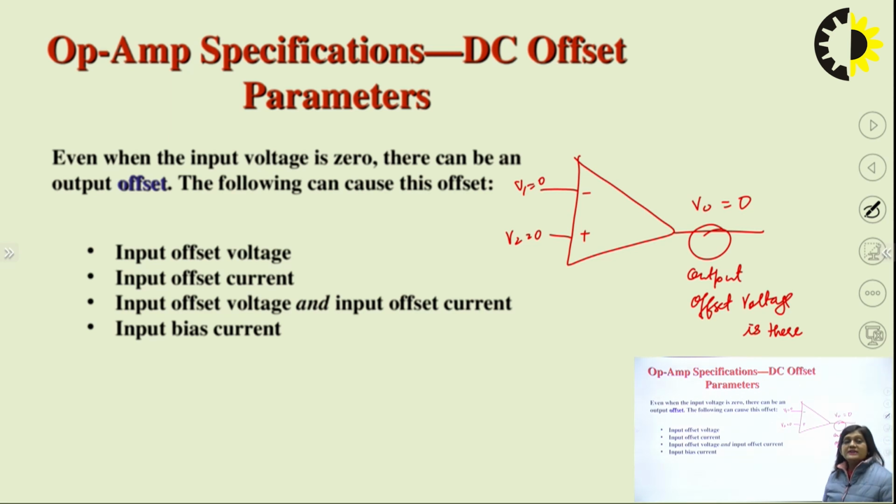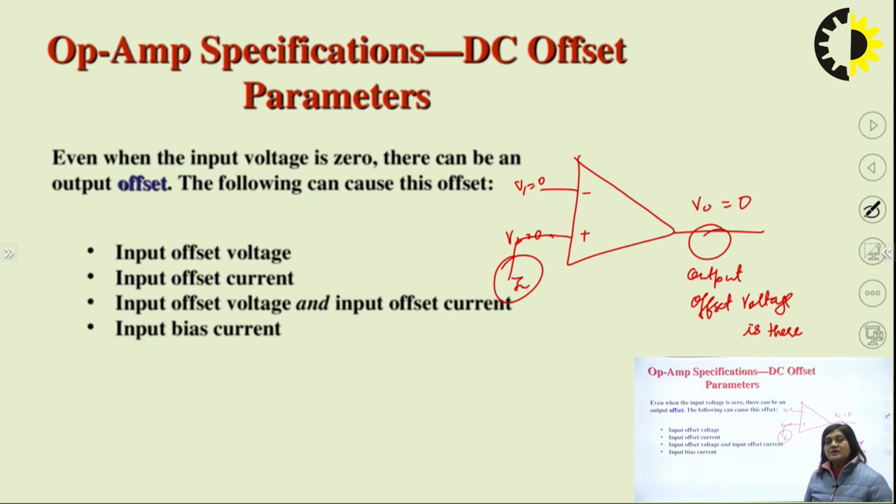And to nullify this output offset voltage, we apply an equal and opposite polarity voltage at the input side, and that voltage is called the input offset voltage. And input offset current is also there. We have two transistors and the transistors should be identical. They should not be mismatched.